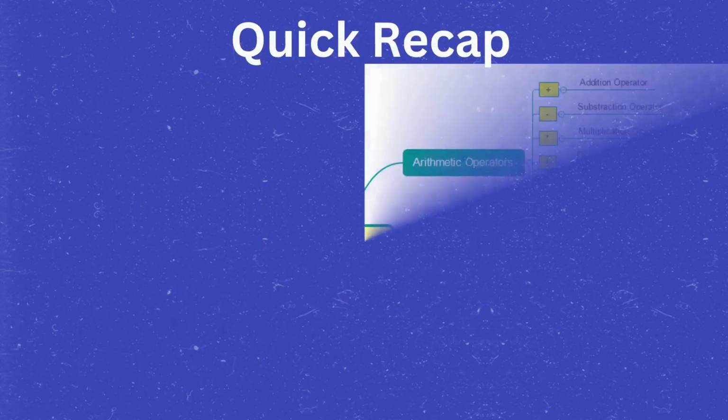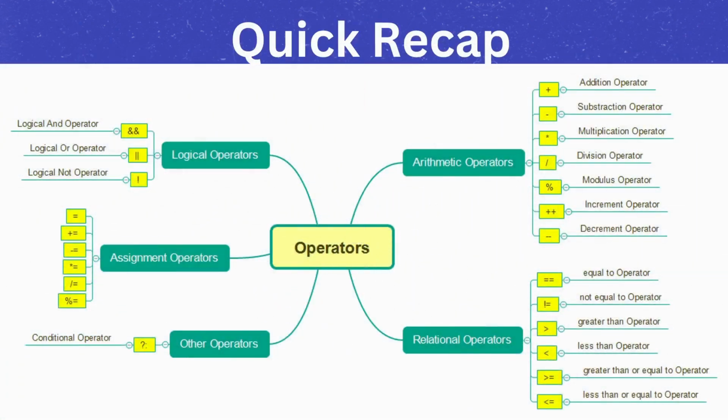So let's do a quick recap. We have seen different kinds of operators: logical operator, arithmetic operator, relational operator, assignment operator, and ternary operator, right, which is other operators. Arithmetic operators will do mathematical calculations. Relational operator will do comparison. Assignment operator is used to assign some values to a variable.